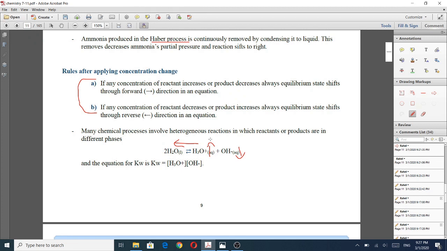Thus, by increasing H3O, the reaction will shift to the left, using hydroxide. That's why the concentration of OH would decrease. Why? So that the Kw would remain as 10 to the power of negative 14.